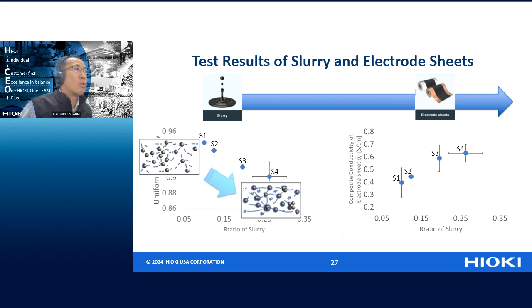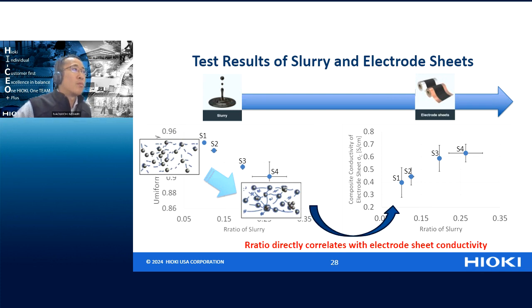S4 is the most conductive sample, and this is aligned with the assumption from the slurry test results. So we found that our ratio of the slurry directly correlates with electrode sheet conductivity.